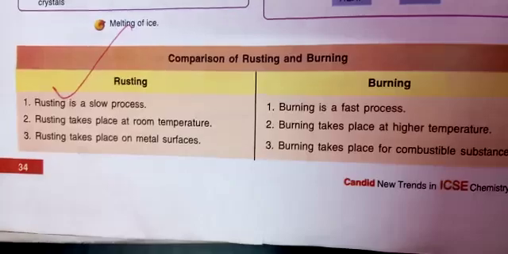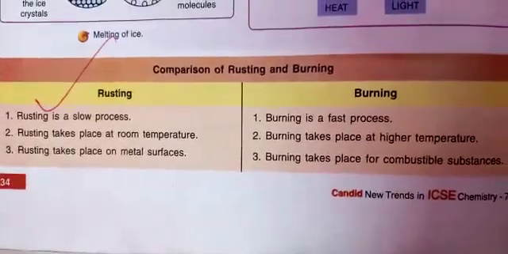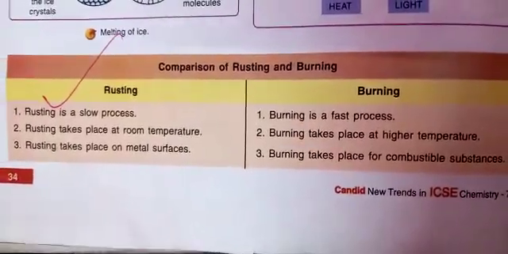Now, burning. The process in which a substance burns in oxygen to give off heat and light is known as burning. Burning is a fast process and takes place at high temperature. Now, differences between rusting and burning.